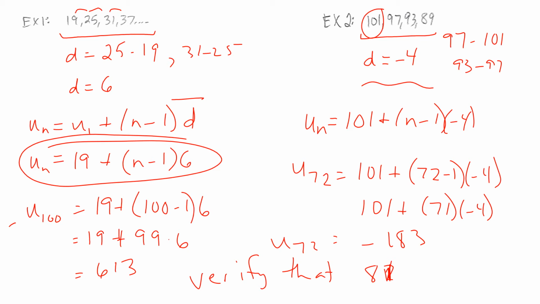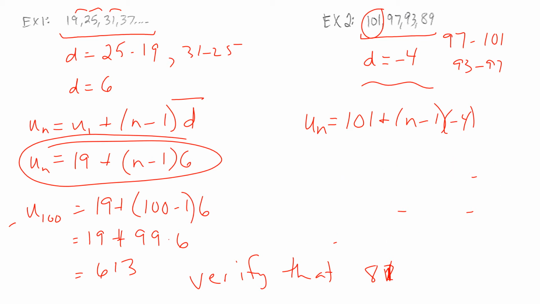So if it says verify, now you can go back to your nth term formula, which is where we always start, and say, okay, they're saying 81 is in the list. This is like a show that question. Show that 81 is in the list. You could actually find out what term it is. So you put 81 in for the term, and use n.